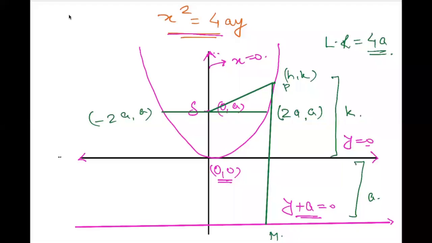So this SP length will be k plus a. Very simple. x square is equal to 4ay. Please note down.